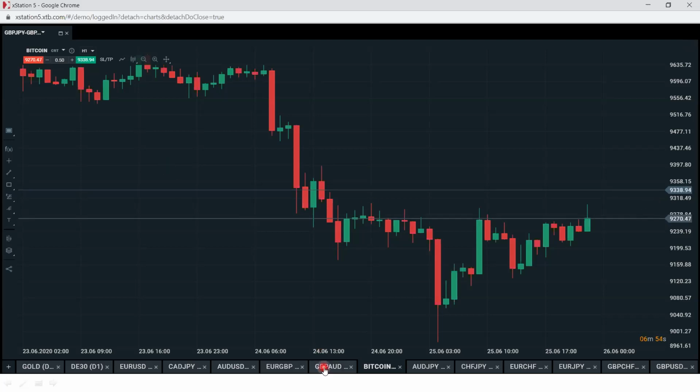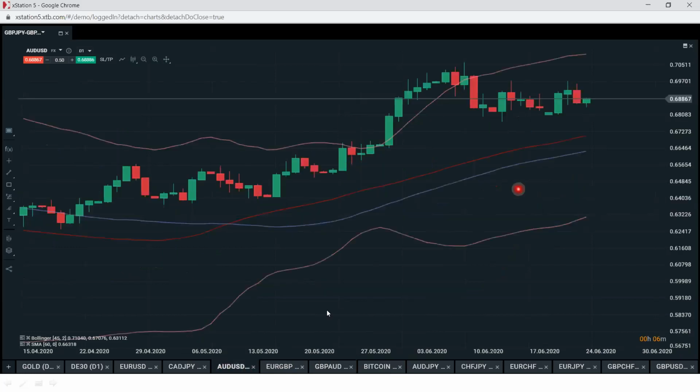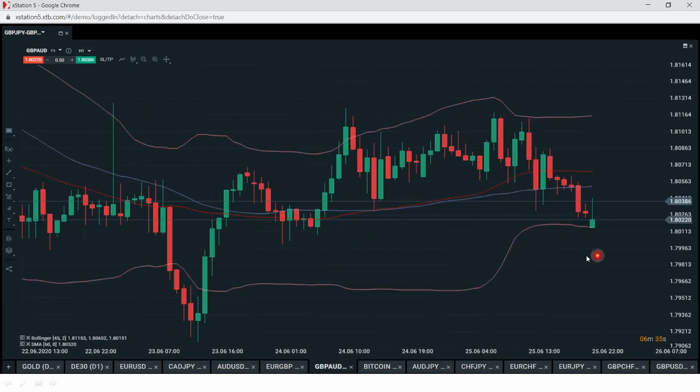So if we look at a minor forex pair, GBP AUD or AUD USD, you can see on GBP AUD that the spread is smaller than Bitcoin.